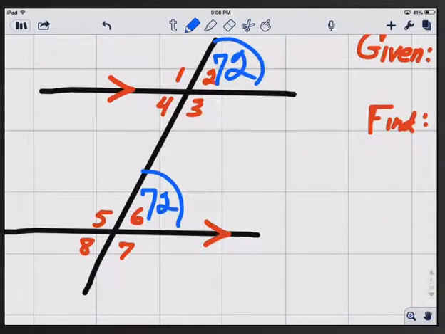Corresponding angles are congruent. So angle 6 is 72. Or you could have said, because we already found angle 4 to be equal to 72, 4 and 6 are alternate interior angles that are also congruent. So that's another way of justifying the same answer.